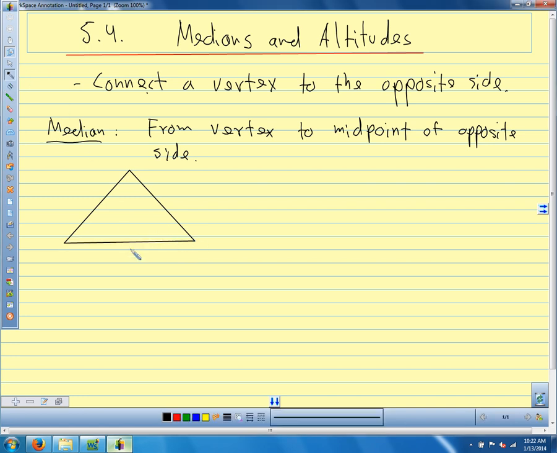All we need to do for a median is find the middle of a side and go to the opposite vertex. Doesn't have to be perpendicular. All it needs to do is go from the middle of one side to the opposite vertex. So this segment would be the median.